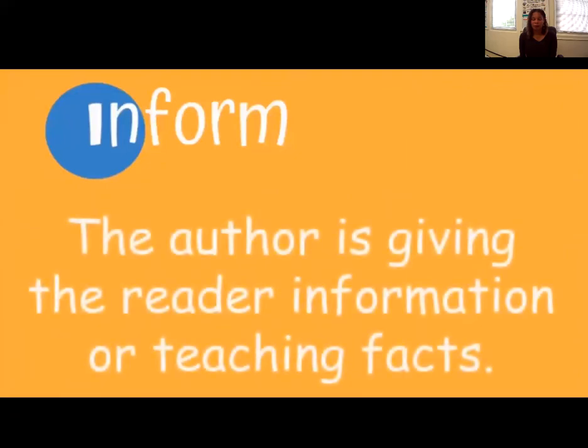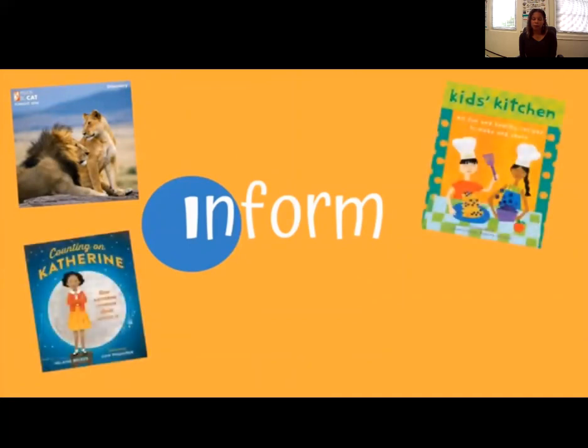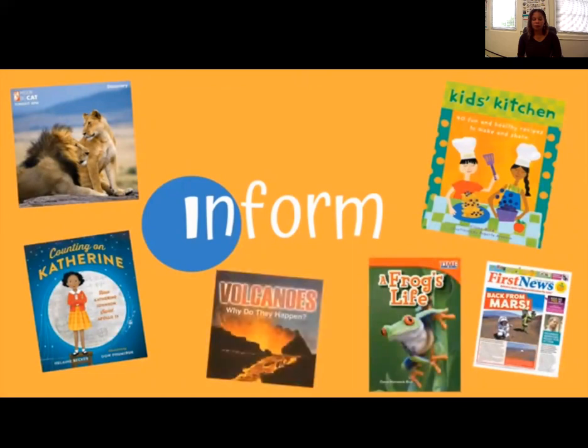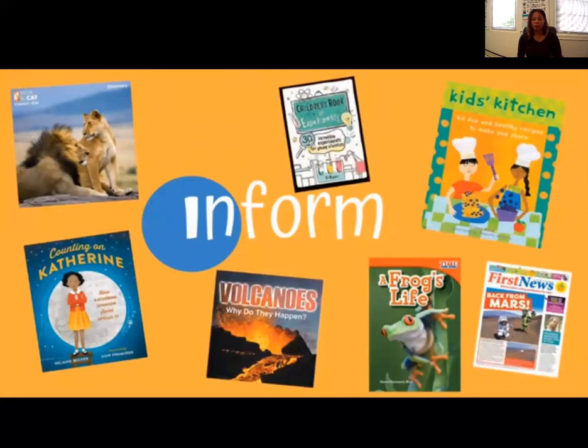Authors also write to inform. This means that the author is giving the reader information or teaching facts. Documentaries and nonfiction TV can inform viewers about a topic. Recipes or how-to books, biographies, newspapers and magazines, nonfiction books about specific topics.